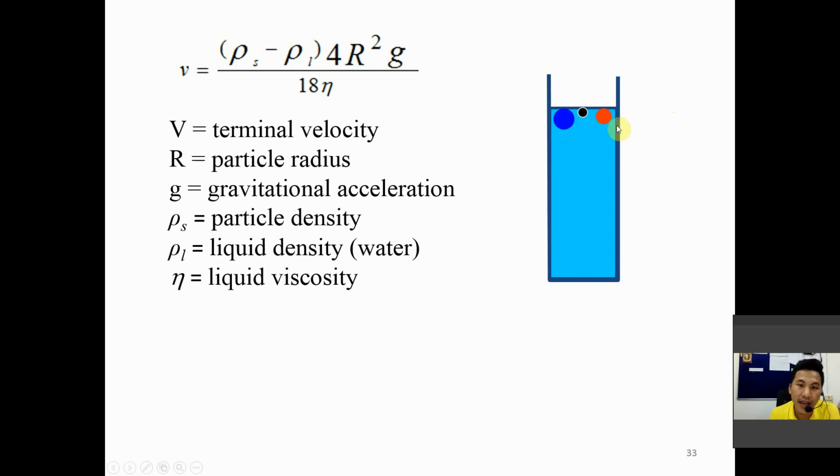Once you have everything mixed together, you let them settle out over a certain distance here, which is s in length. You can apply any number here anyway, so you know the number for s. And once you start this sedimentation experiment, you can see that the biggest particle moves fastest, right?